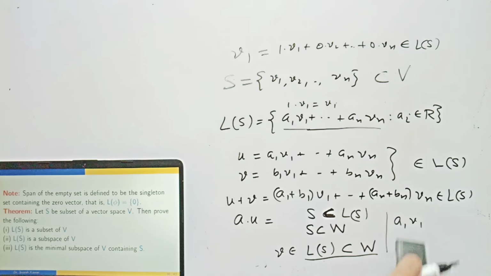Okay, let me write it separately. V is a member of Ls. So what is the format of V? V is of the form C1 V1 to Cn Vn. Correct? Now this belongs to W. That is the claim. Why does it belong to W?